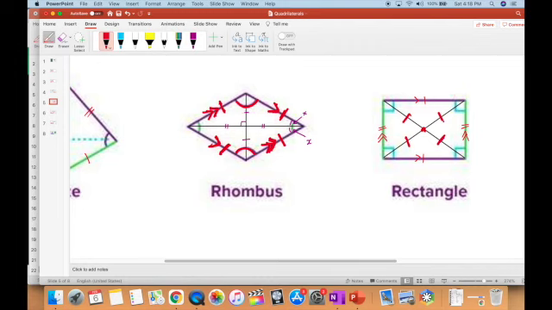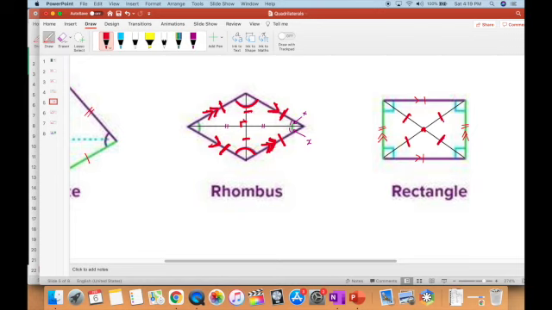The thing about a rhombus is that the diagonals will always bisect each other perpendicularly. So if you have a true rhombus and you draw the diagonals, you'll get 4 right angle triangles. They will be perpendicular and they bisect.